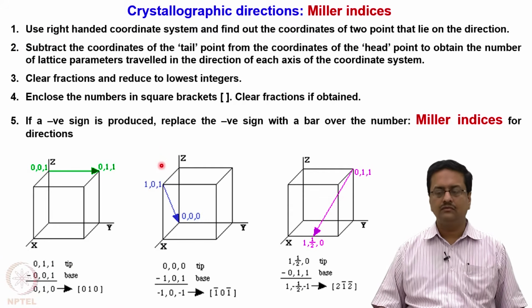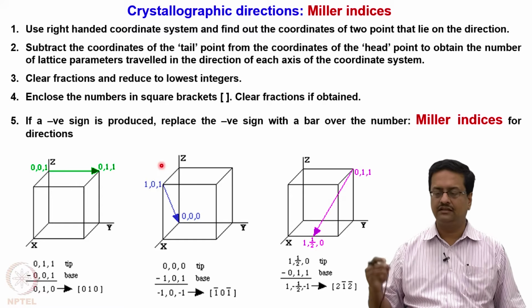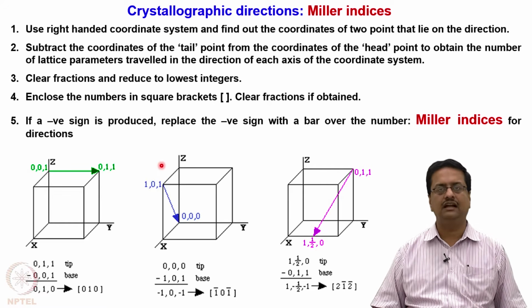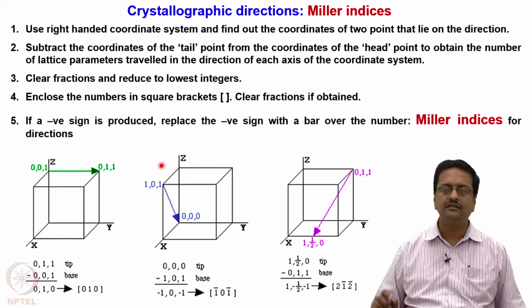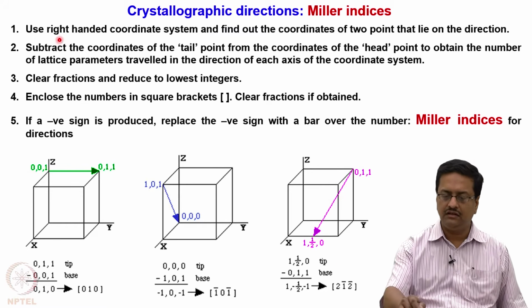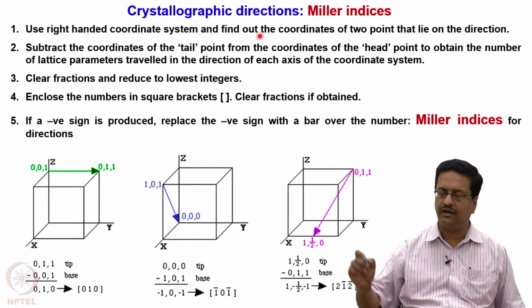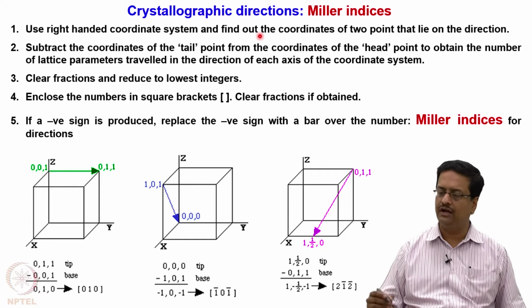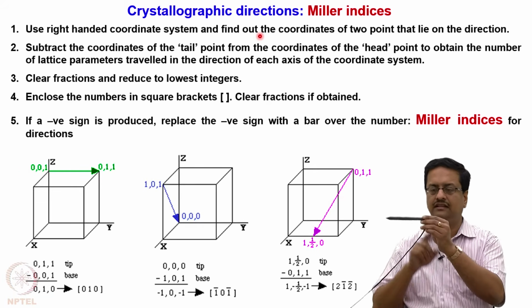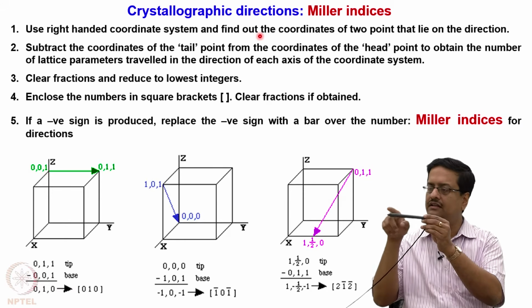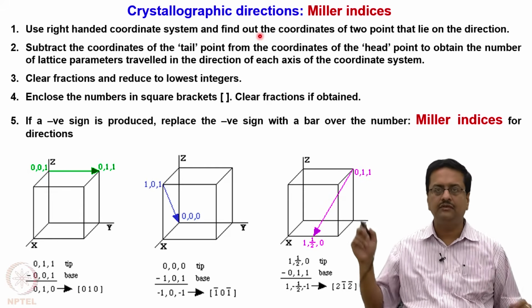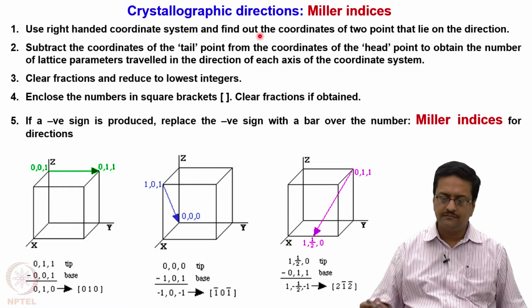Now let us try to identify the crystallographic directions and the corresponding Miller indices for that. Once again, we use the right-handed coordinate system to find the coordinates of the 2 points that lie on the direction. Suppose this is the direction, I want to find the 2 points, the bottom point and the top point, and determine the corresponding coordinates.